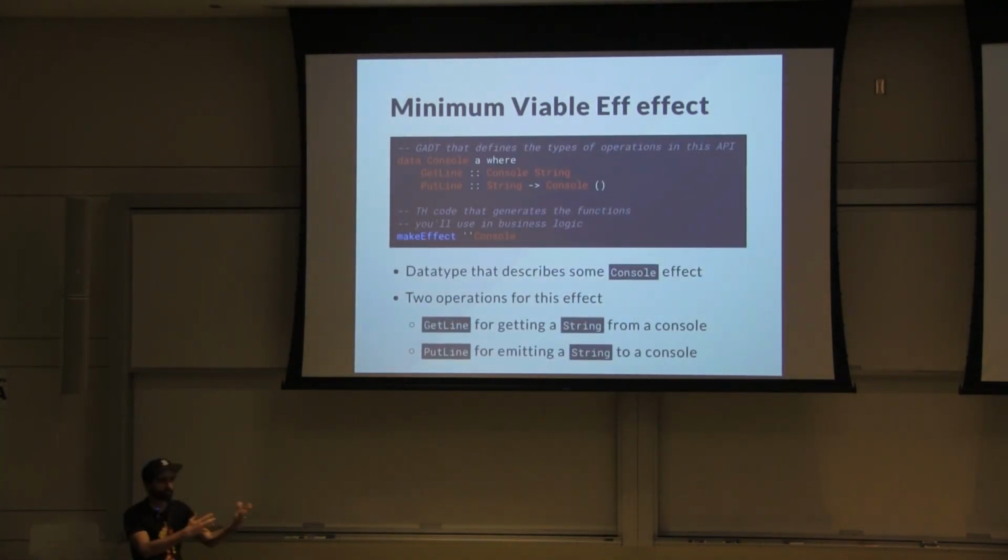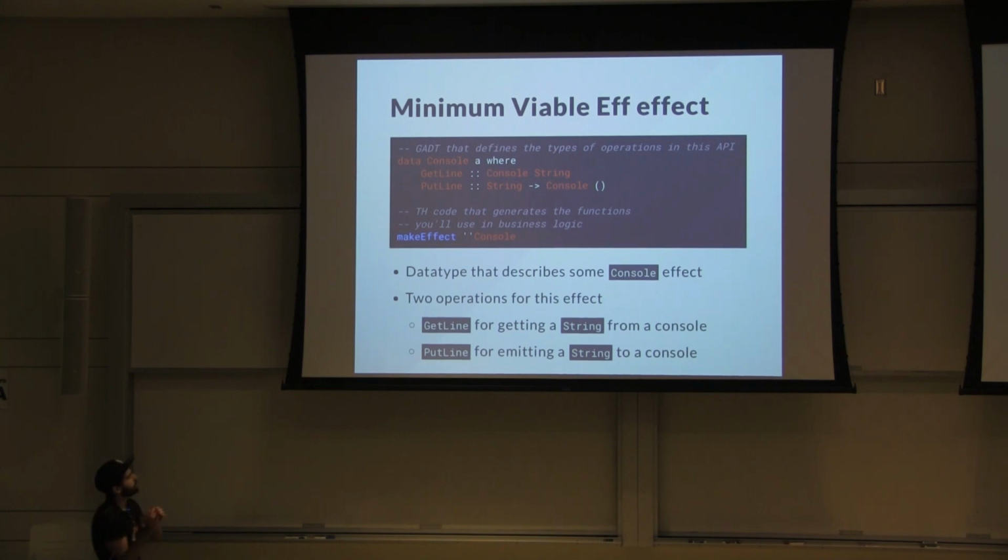So what's a minimum viable Eff effect? Like what is this thing that I've been talking about up until now? The idea is that we want to think about these operations that we're doing in very contained manners. And we'll define a data structure that represents that effect, and then we'll interpret that data structure with a function later.